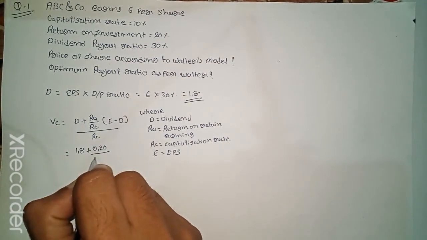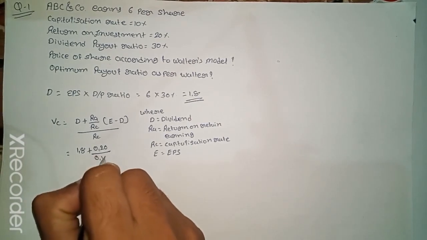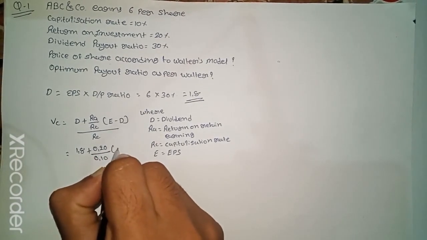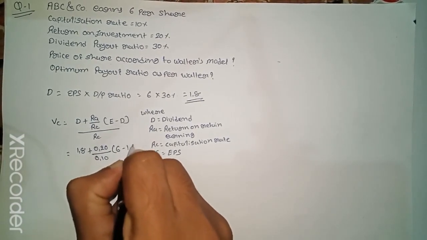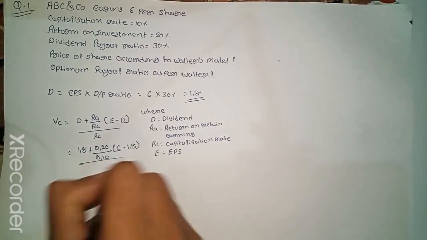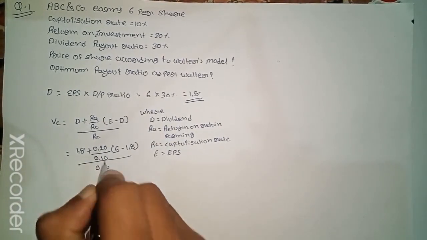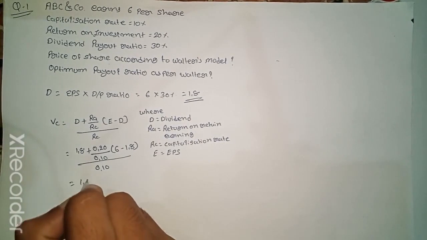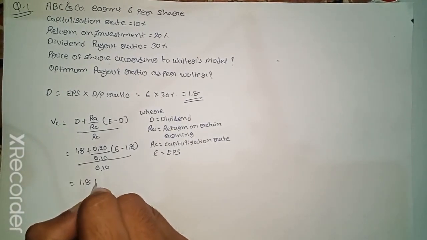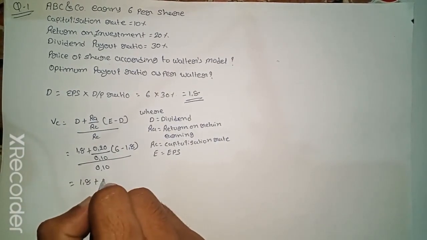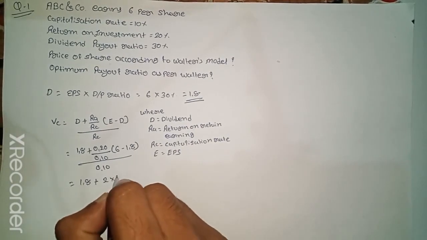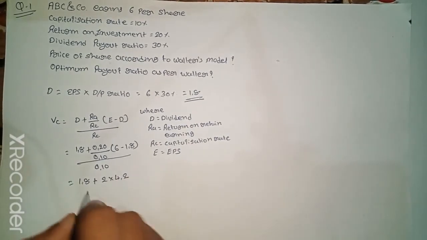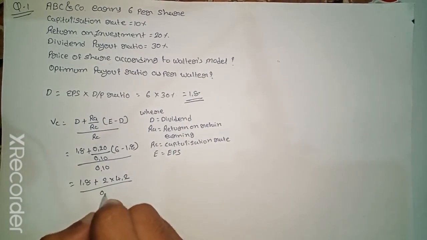Required rate of return is 0.10. EPS 6 minus dividend 1.8, whole divided by 0.10. So 1.8 plus 2 into 4.2, whole divided by 0.10.